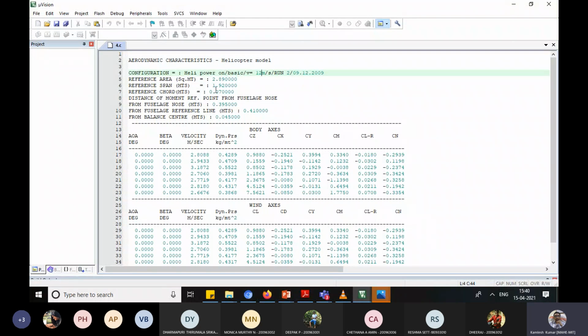Okay, these are the points required: fuselage nose, then the fuselage reference line, and the balance center, where you put the sensors, all before setting up your system. Because if you do not give this data, you can't get the results. Okay, so all this data is required, so you should have it properly calculated. You should spend time looking at all these parameters again, because one test costs 50,000.